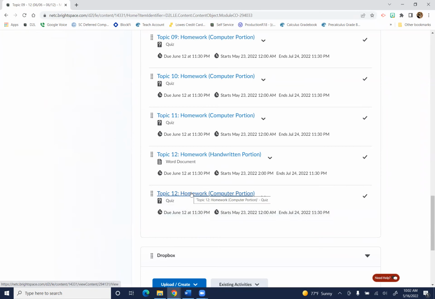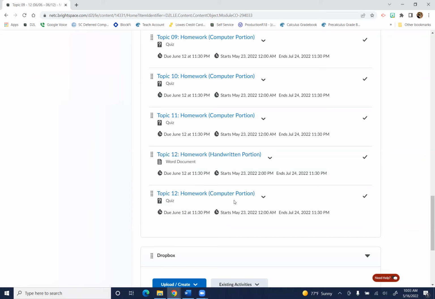Whatever question is not on the handwritten portion is on the computer portion. So when you do a homework that has both portions, I need you to print or copy down the handwritten portion first, then open the computer portion, so you can do both portions together and go back and forth between the two.